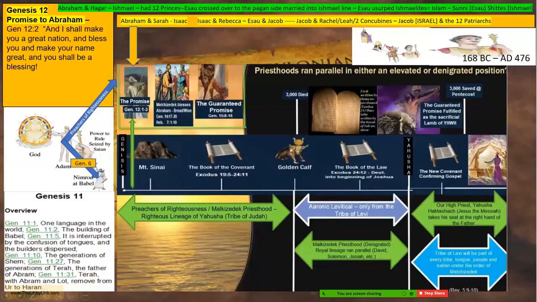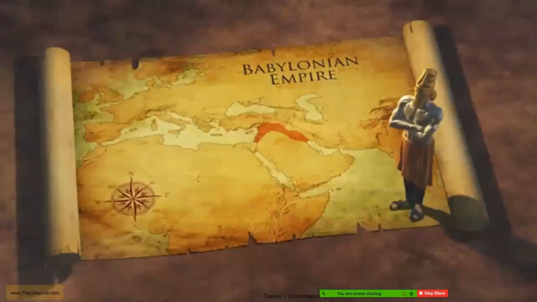But we see that Yahushua was born during and under the Roman rule. So that's connecting us to our timeline chart in the book of Daniel.